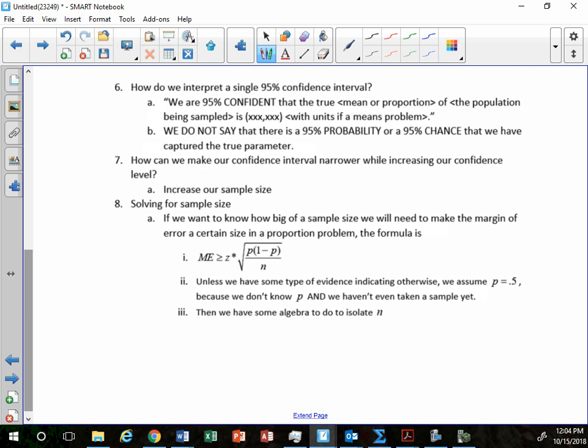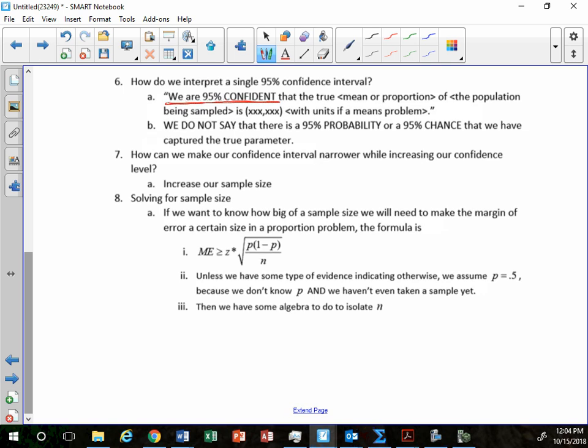I know, it looks weird the way it's written there. But again, don't say that there's a 95% chance or 95% probability. You must say we are 95% confident. That is absolutely the beginning of every one of these. You must write this on your paper, okay?